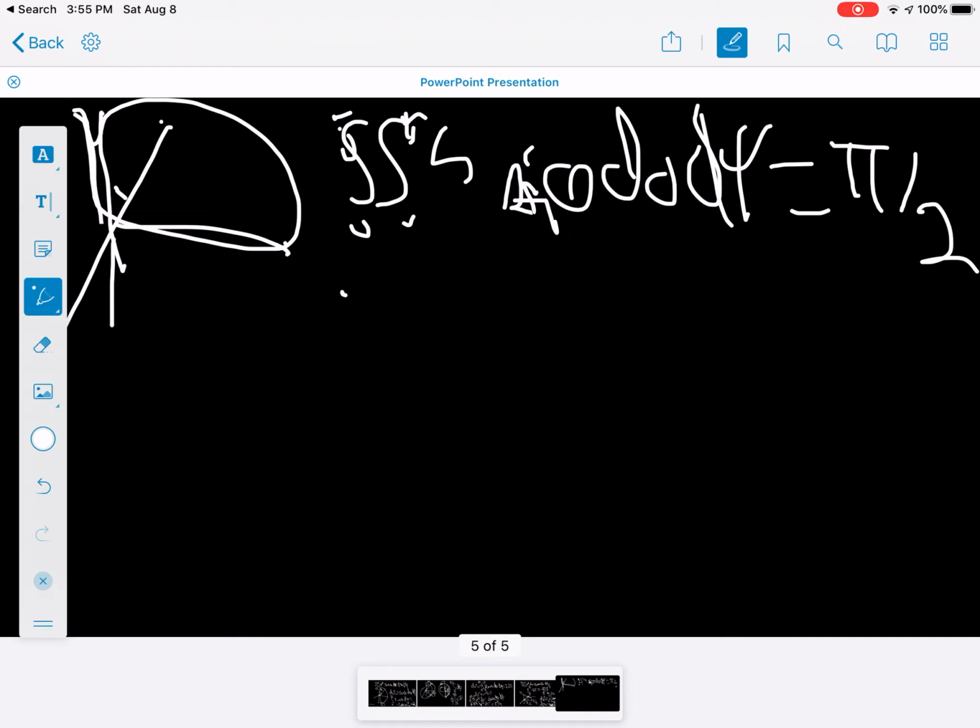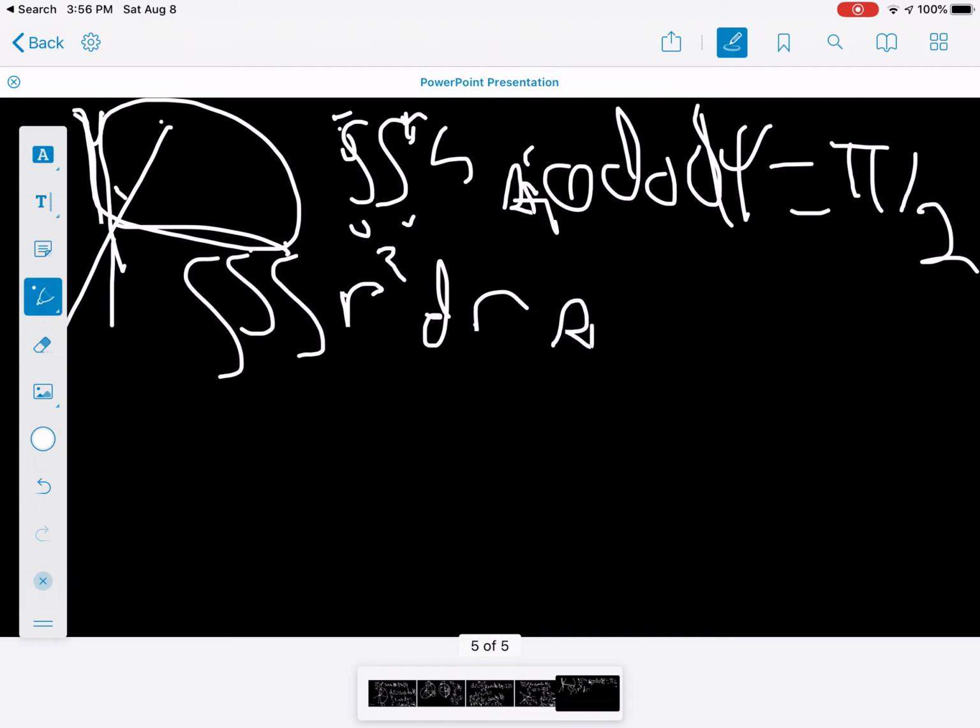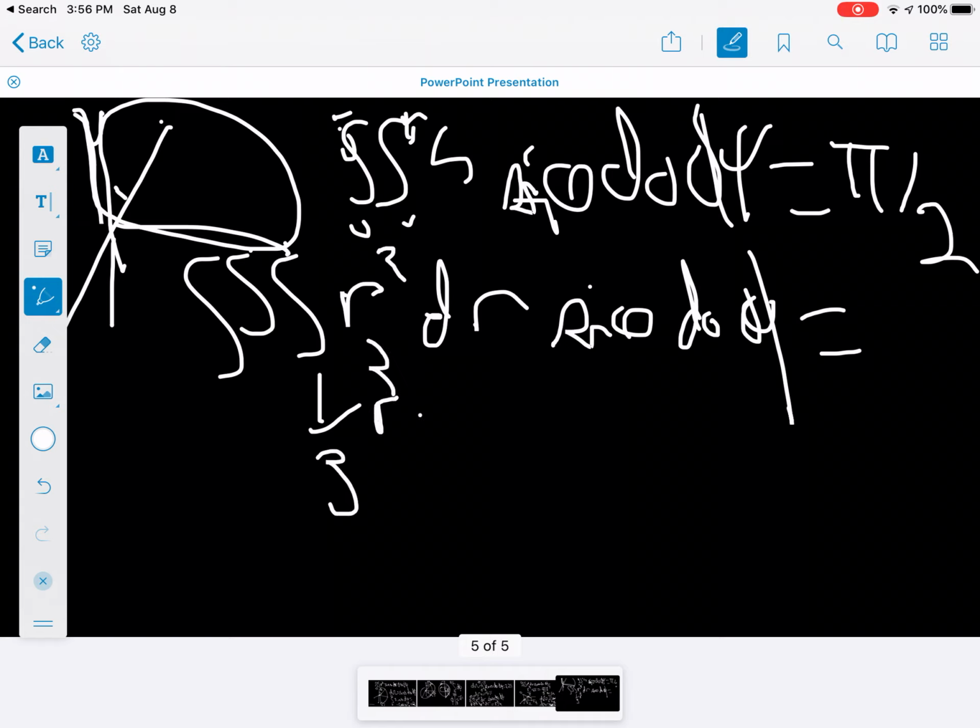Then you multiply by the r part, r squared dr, so the triple integral again, with sine of theta d phi, you get one third r cubed times pi over 2. So you'll get pi over 6 times r cubed, so you get 1/6 pi r cubed.